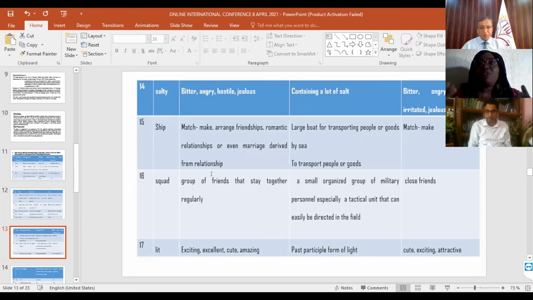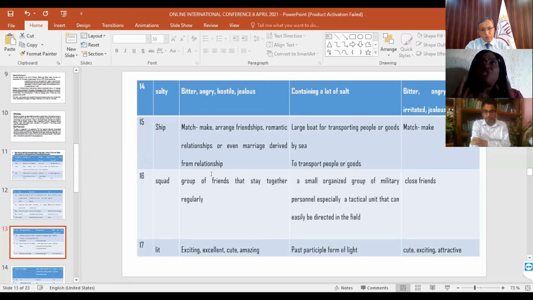We mean that the food contains a lot of salt. But then that is not what it's used to mean in this given context. Of course, the standard English equivalent would just be to say the person is bitter, or the person is angry, or the person is hostile or jealous.